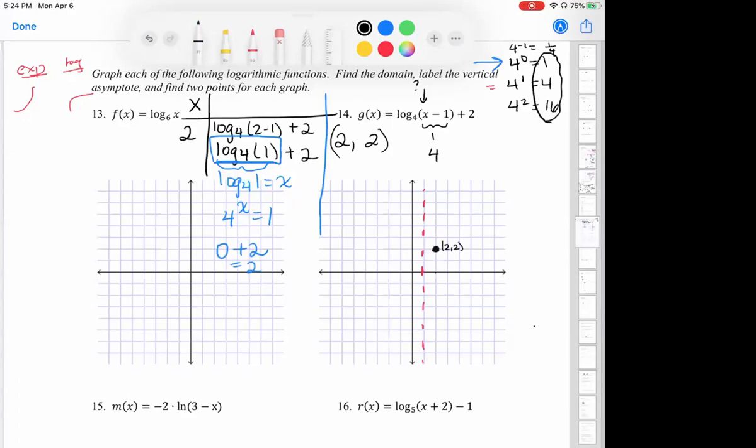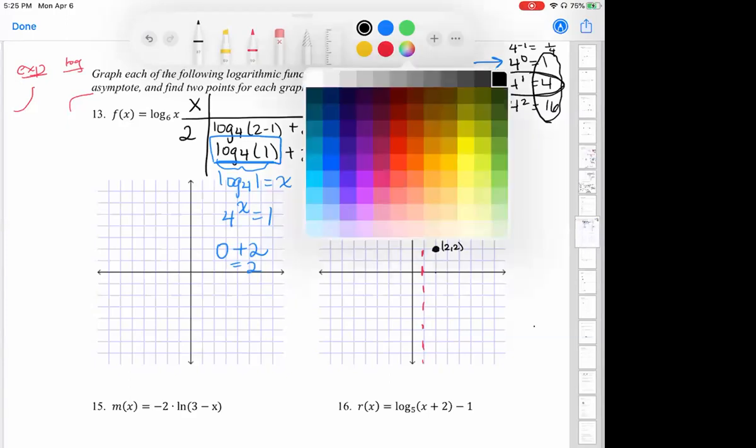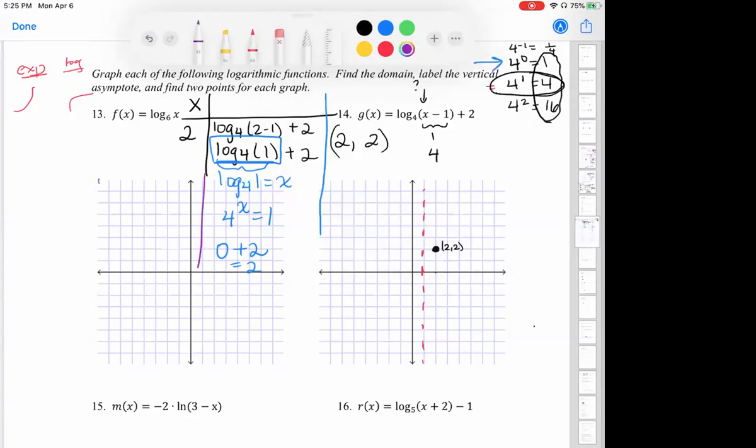All right, let's do this again. Let's make it so that we have a 4 in the parentheses. 5 minus 1 is 4, right? So let's make x 5.